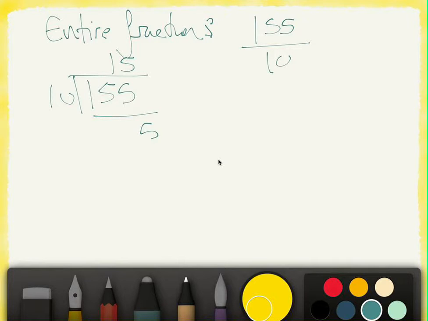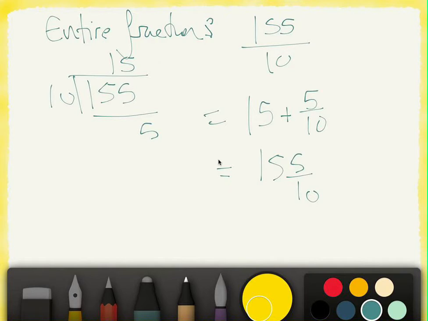Because 10 times 15 is 150. So we could say that will be 15 plus 5 over 10, or we might just write 15 and 5/10.